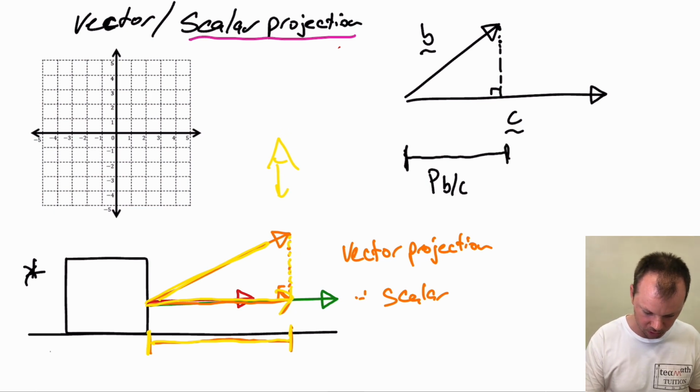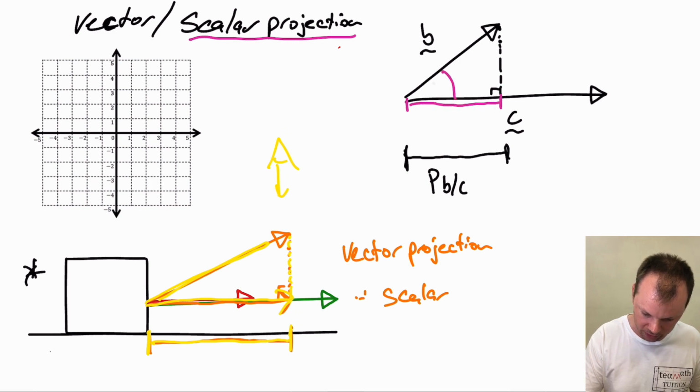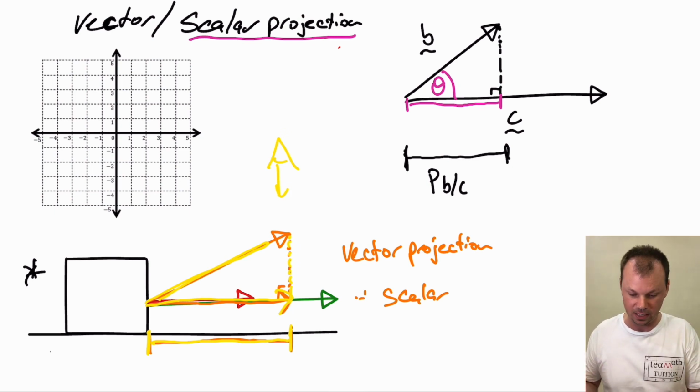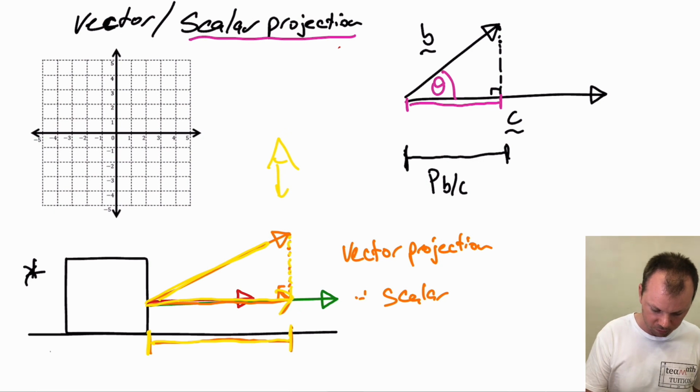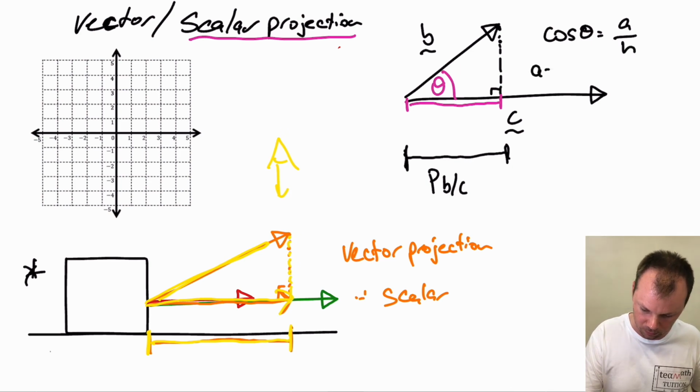If we have a look a little bit higher, it's the adjacent side of this triangle if we're considering the angle between the two vectors. So if I want to calculate the length of that adjacent side, we've got cos theta equals adjacent on hypotenuse. We want the adjacent side.